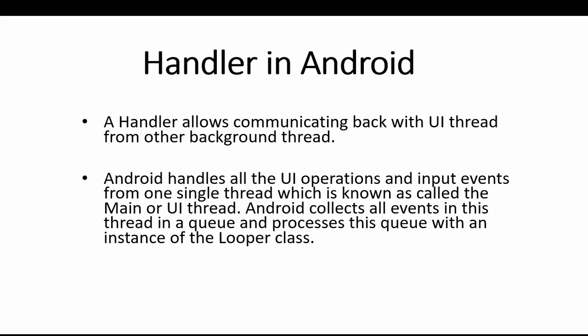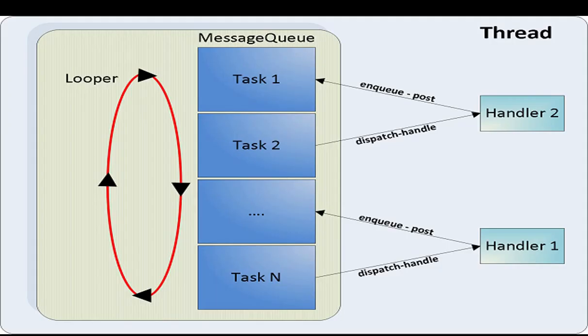Let me show you the handler. Look, this is a message queue, and these are tasks. One by one they execute. First this one executes, and the next cannot be executed until this is finished. Because these are all in one loop, if we want another task we cannot put it in during this looper from the thread.